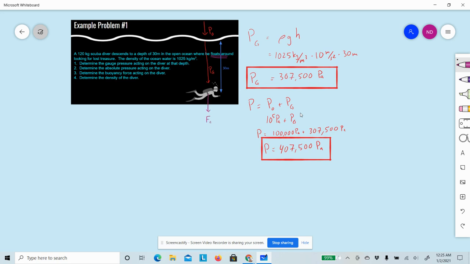So his weight down and the other force on him, the buoyancy force, they equate. The buoyant force equals the force of gravity. So the buoyant force is equal to, because he's floating there, mg, 120 kilograms times g, 10 meters per second squared. The buoyant force upon him is 1,200 newtons.